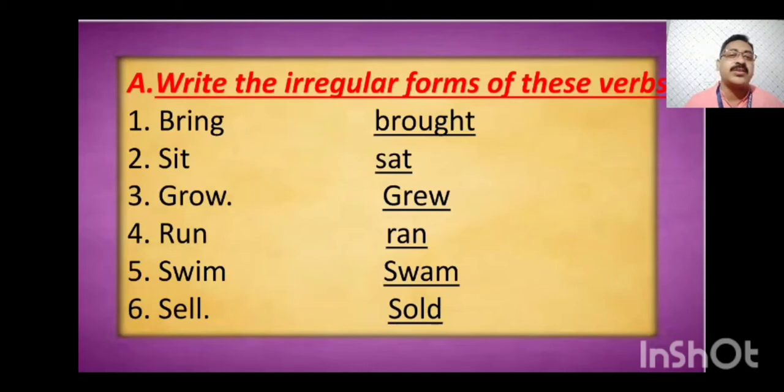Bring totally changed into brought, sit to sat, grow to grew, run to ran, swim to swam, sell to sold. So these are totally changed verbs without having d or ed, so they have changed into irregular form of verb.